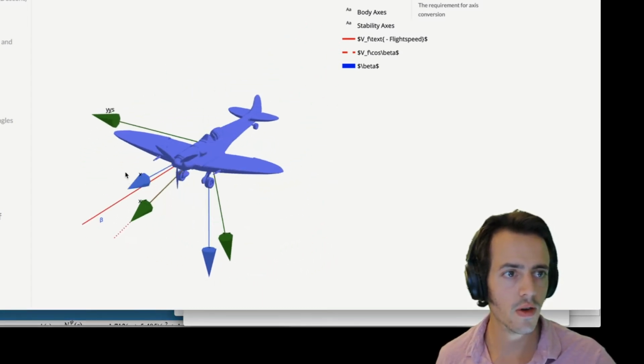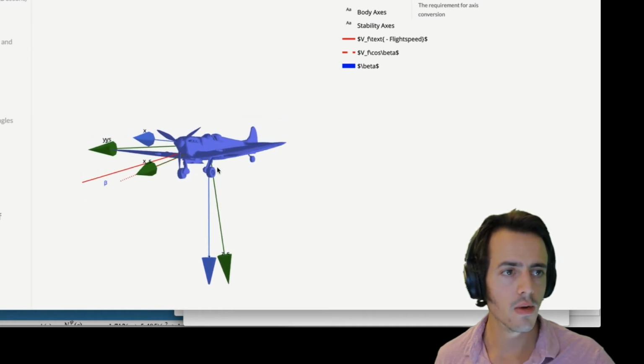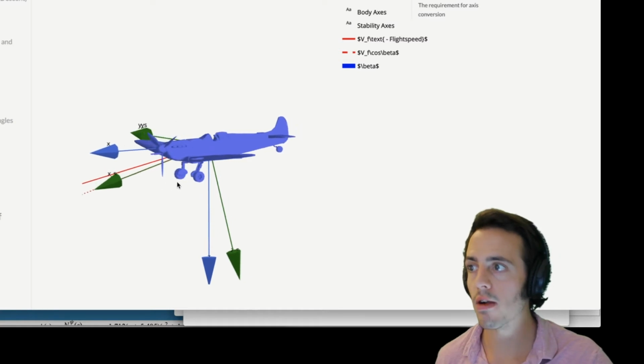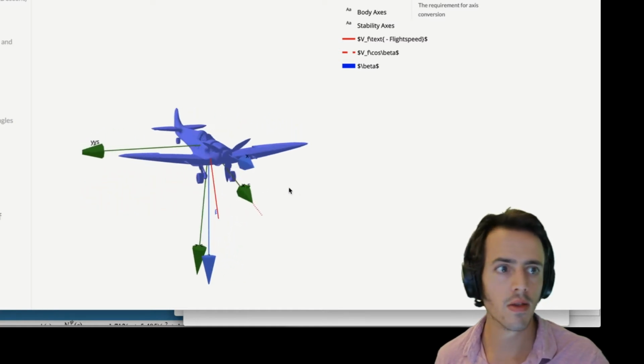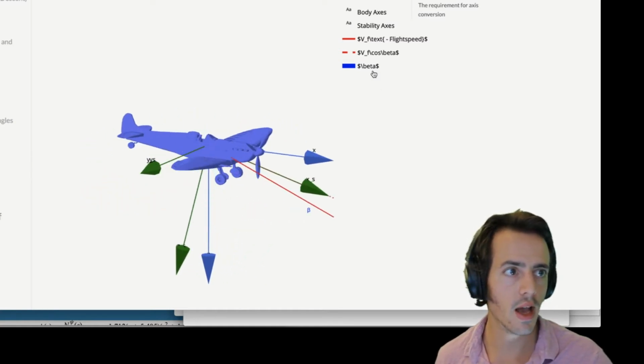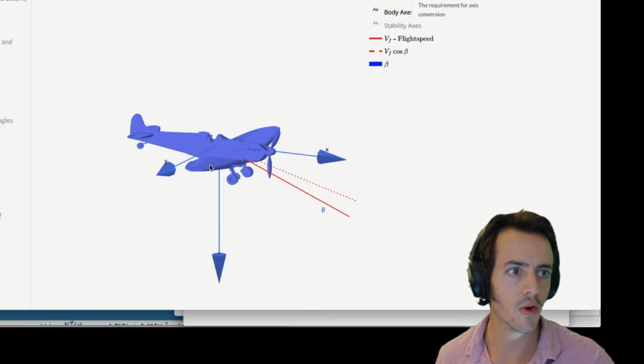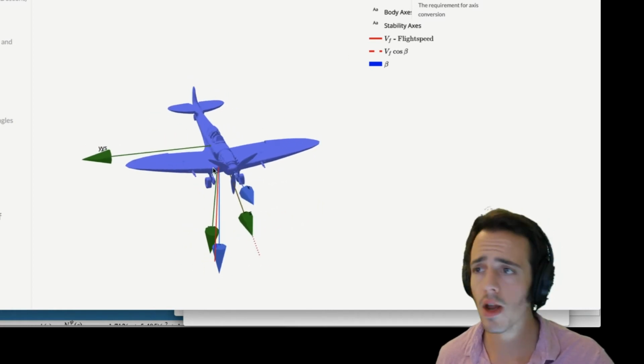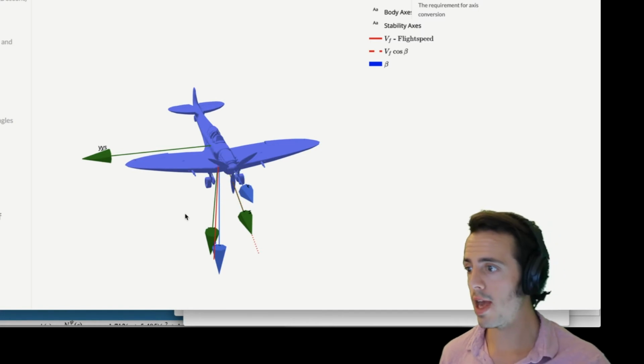We have a coincident y-axis, and the green vectors here are aircraft stability axes. The blue ones are aircraft body axes. And along this axis here, if I get rid of stability, then we can see we've got a y sticking out in this direction as well. Okay, I've also put on here the flight speed. It's important to note that the stability axes don't take into account the side slip.